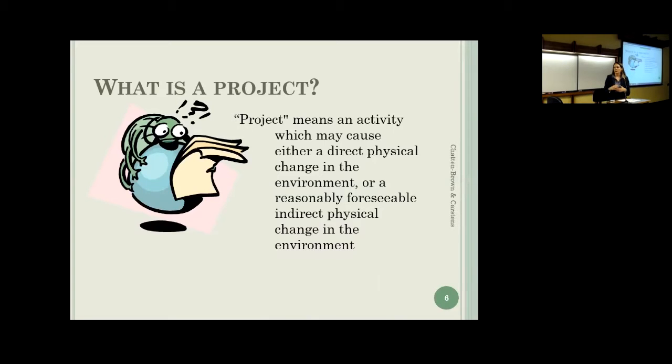It includes not just the direct impacts, but indirect, reasonably foreseeable impacts. For example, if an update to a general plan is being approved, that's going to change what land uses are allowed in different areas. It's not actually physically changing what's happening on the ground, but it will have an indirect impact in the future, and those impacts need to be analyzed in the environmental review document. That's part of the CEQA project that needs to be studied.